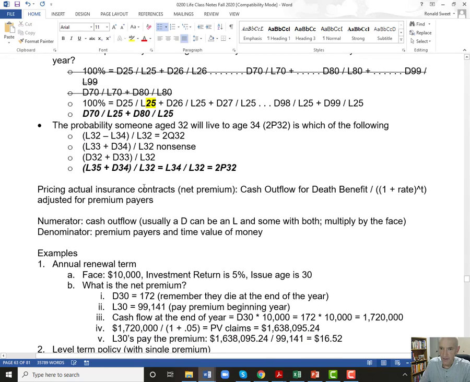So it takes a little bit of practice. But if you step back, that's why I say go look at the mortality table while you're doing these, and that should make it pretty obvious to you. Your probably best bet on a question like this that is kind of nonsensical is write it as a P, write it with L's, and then try to figure out which one of these represent that.